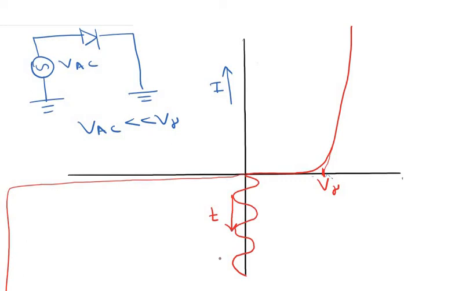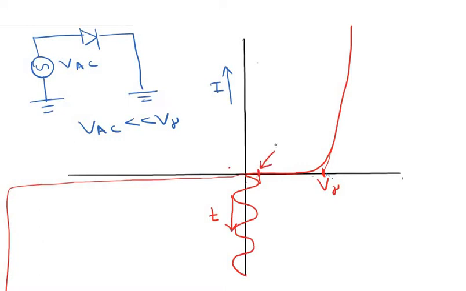So now, although this AC voltage is connected across the diode, since the amplitude of this AC voltage is less than V gamma, the total current is actually 0. Okay, so at this point, this is the highest amplitude of the AC voltage, which is, again I repeat, VAC over here.